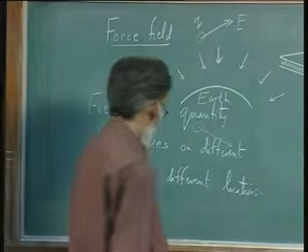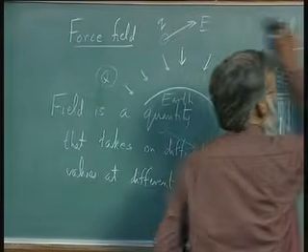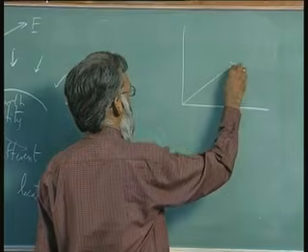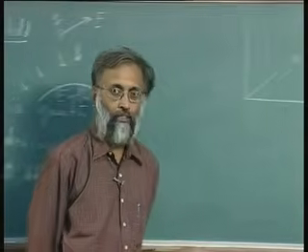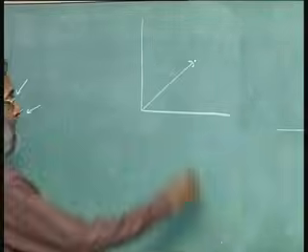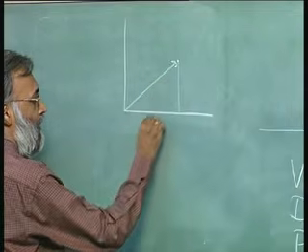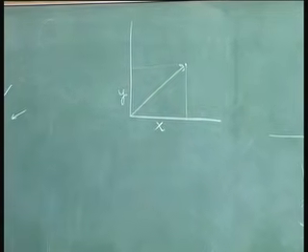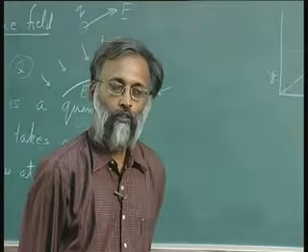Similarly, you can have a field which is simply the location of a point. Every point has coordinates x and y, and if it has height, it has a coordinate z.